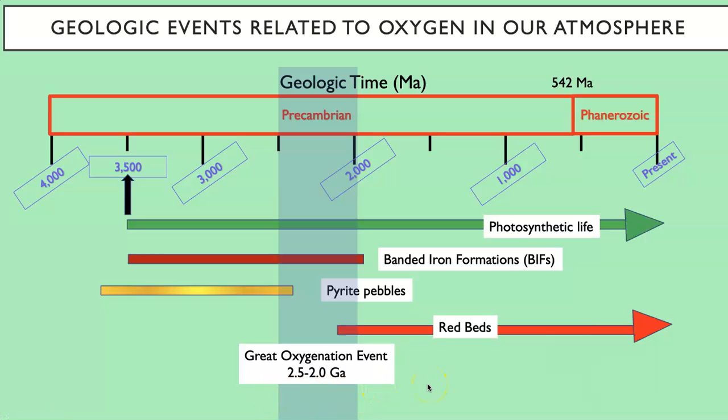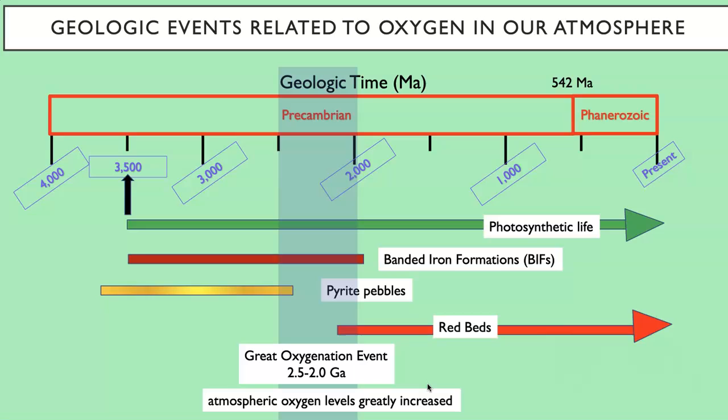This is when oxygen significantly increased in our atmosphere, and anaerobic bacteria, which I mentioned a while ago when we talked about extinctions, were no longer able to thrive, and aerobic bacteria that do like oxygen and other organisms that like oxygen as well were able to take over. So again, this is when atmospheric oxygen levels greatly increased.